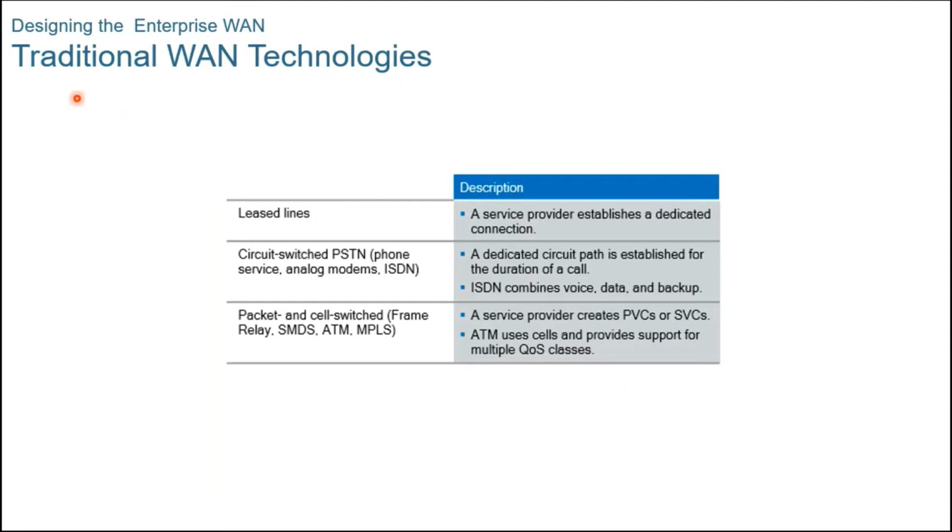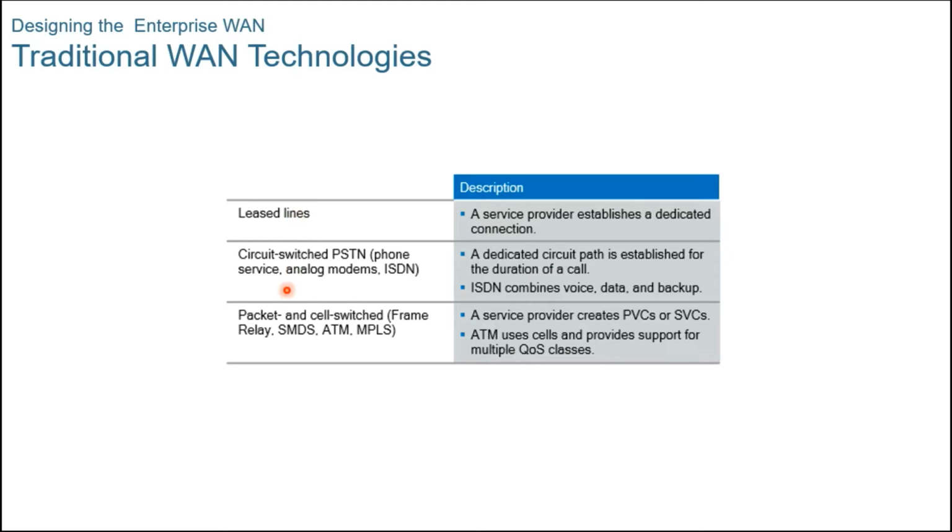Let's start with the traditional WAN technologies. So traditional WAN technologies include the following. You've got the leased lines, point-to-point connections indefinitely reserved for transmissions rather than used only when transmission is required.